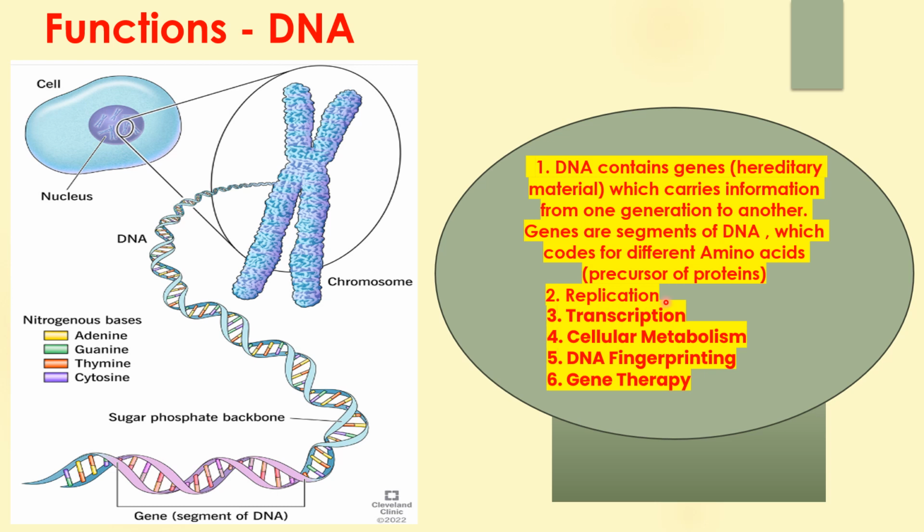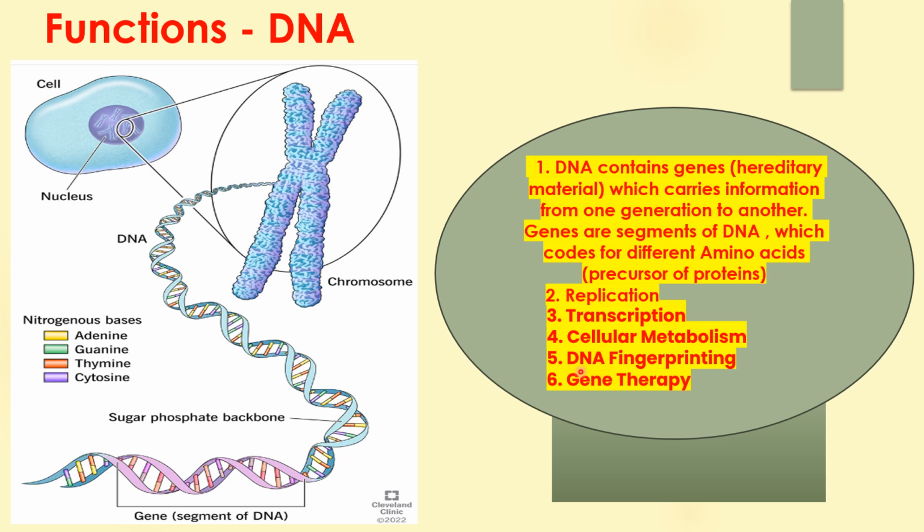Then replication of DNA must be there. So another function is replication. Then you have cellular metabolism. Whatever gets digested in our body is because of metabolism, that is cellular metabolism. DNA fingerprinting means a particular person is identified based on his unique nucleotide sequence.